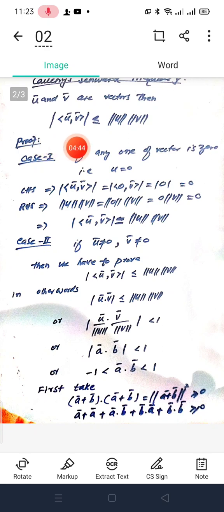Therefore, according to Pythagoras theorem, this is our solution. We start our solution from here. So we can write resultant vector is equal to (v plus ux) square plus uy square, but ux is equal to u cos theta and uy is equal to u sin theta.